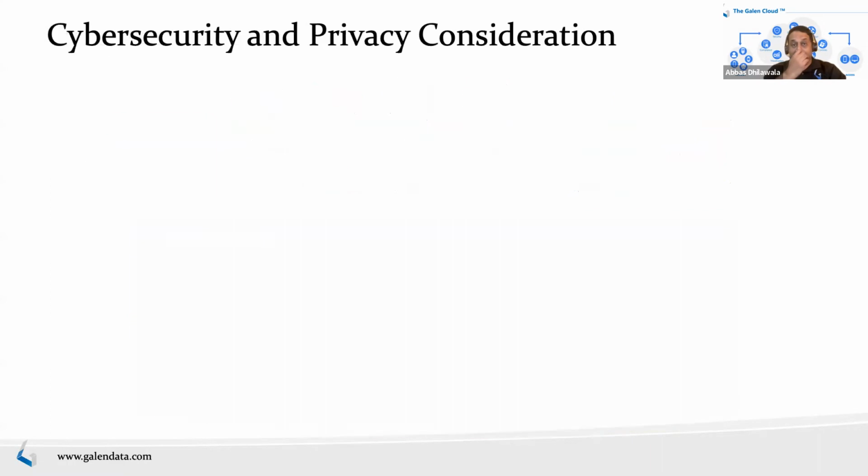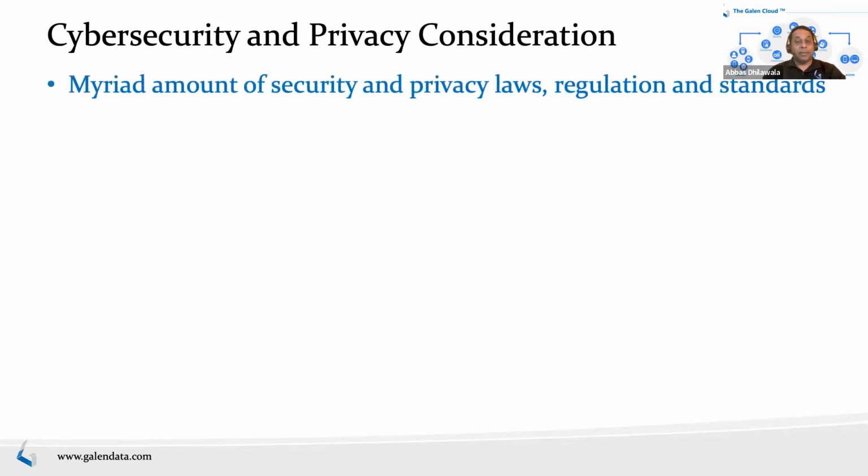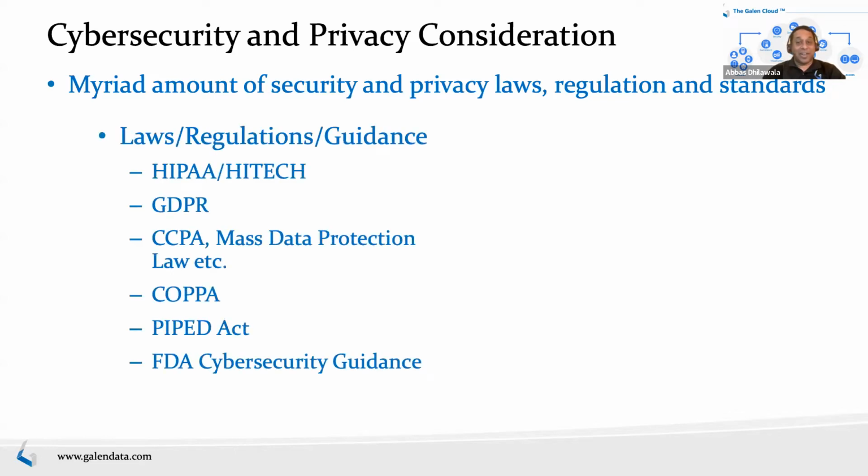Also, the problem we see right now with cybersecurity and privacy is just a myriad of security and privacy laws, regulations, and standards. Each country, city, state, each municipality, it seems, has its own thing that needs to be done. Here's just a list of some very major laws, regulations, and guidance. And these are not worldwide. This is just US, Canada, and Europe.